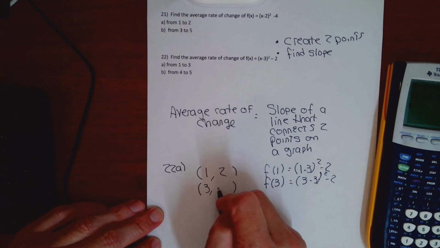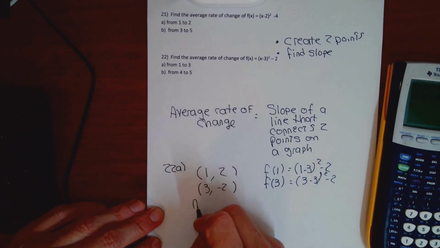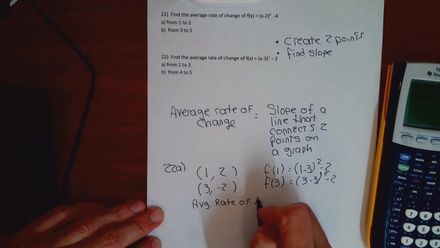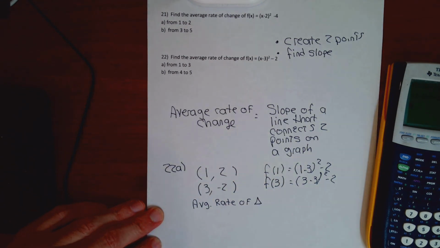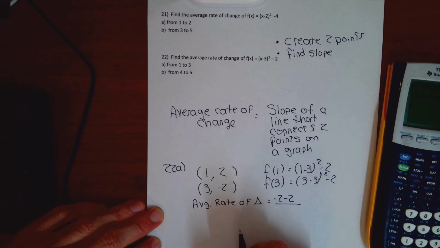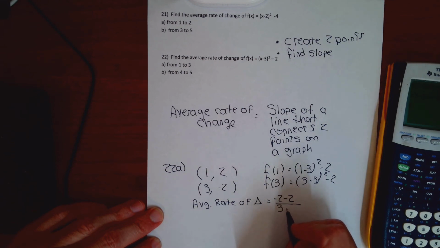So I have my 2 points. Now for part A, my average rate of change, I usually do this for change, the delta triangle. My average rate of change is going to be the y coordinate of the second point, which is negative 2, minus the y coordinate of the first point, which is 2, over the x coordinate of the second point, which is 3, minus the x coordinate of the first point, which is 1.